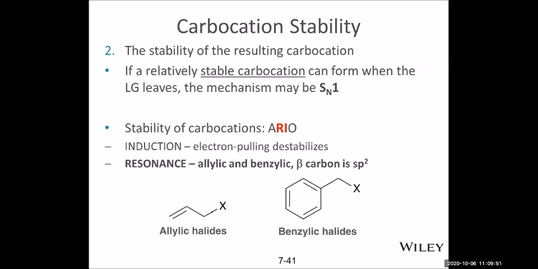This carbon, the allyl carbon: if the X is a leaving group and dissociates, a carbocation will be formed here. It can be stabilized by the double bond. Same with benzene, the benzyl. This is a benzyl carbon. With the leaving group gone, you have a carbocation here. It can form resonance with the benzene ring. And when they have resonance, this stabilization is even stronger than hyperconjugation.